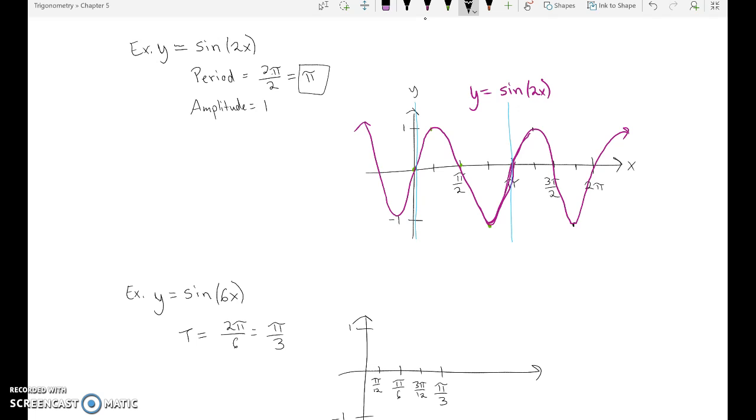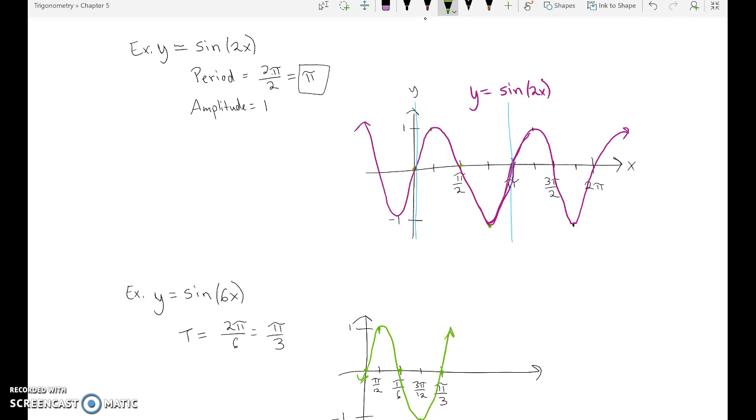So I'm halfway in between my pi over 6 and my pi over 3, and halfway in between 0 and my pi over 6. Then it continues to follow the same pattern, where it passes through 0 at these 3 points, then passes through 1 and -1 at the other points. So I get this graph that goes through these points.